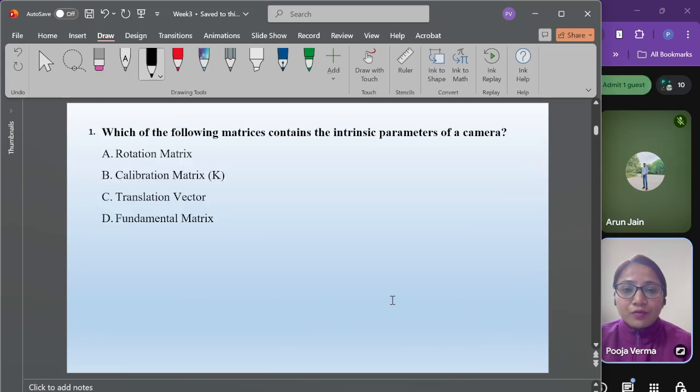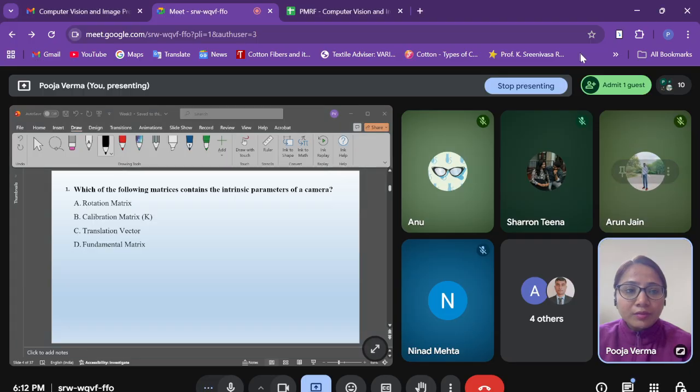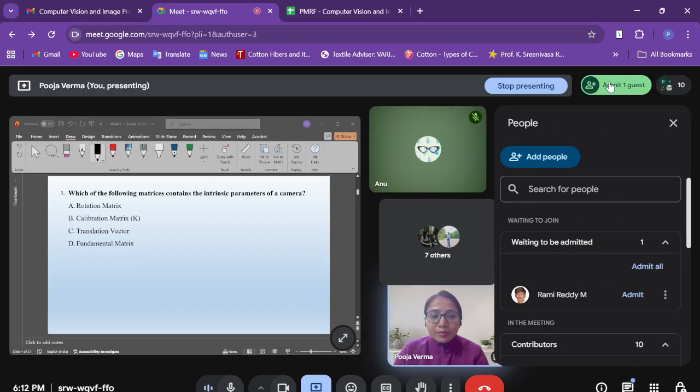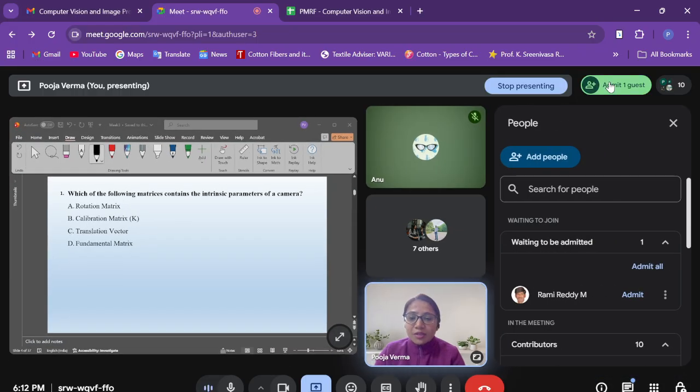And this is our first question. The first question for this week is, which of the following matrices contains an intrinsic parameter of the camera? Options are: A, rotation matrix; B, calibration matrix; C, translation vector; and D, fundamental matrix.